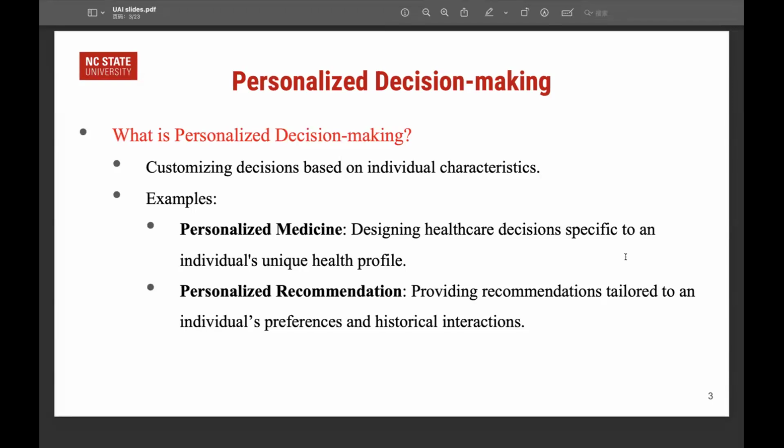This is very important because the effectiveness of one treatment can vary significantly from one person to another. What works well for one person might be ineffective for another. Another key application is personalized recommendations. This enhances user satisfaction and engagement by delivering content and products that are closely aligned with individual needs.